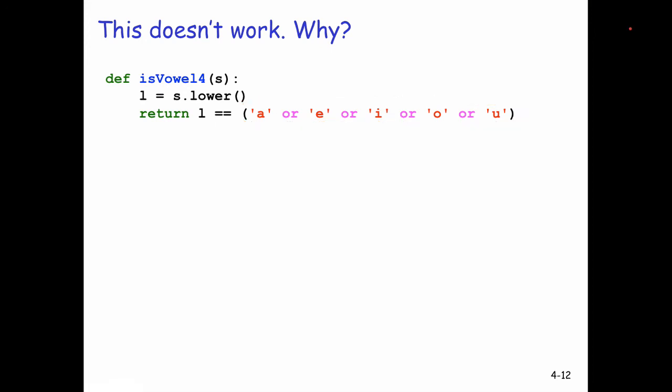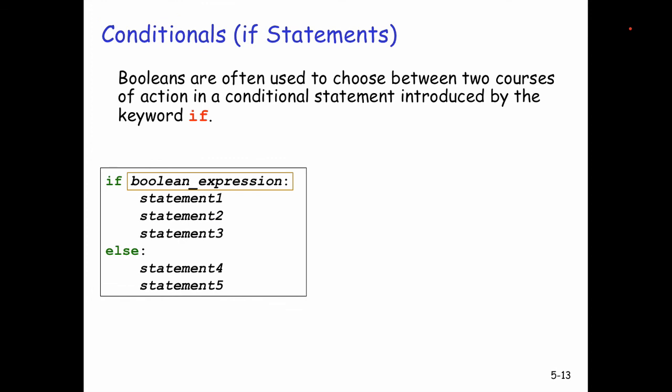The main context in which Booleans and predicates are used in any programming language is a conditional statement. In Python, the conditional statement is introduced by the keyword if, and so it is also known as an if statement.